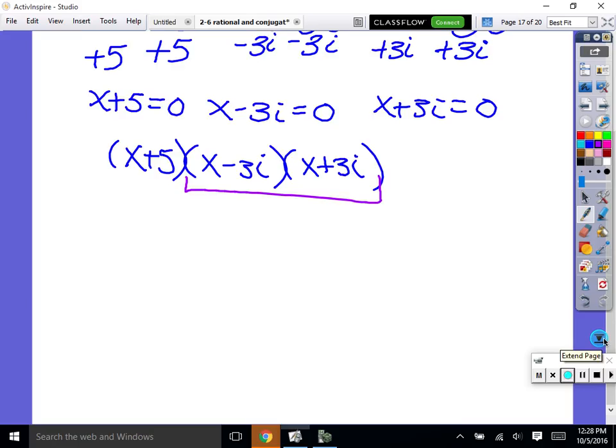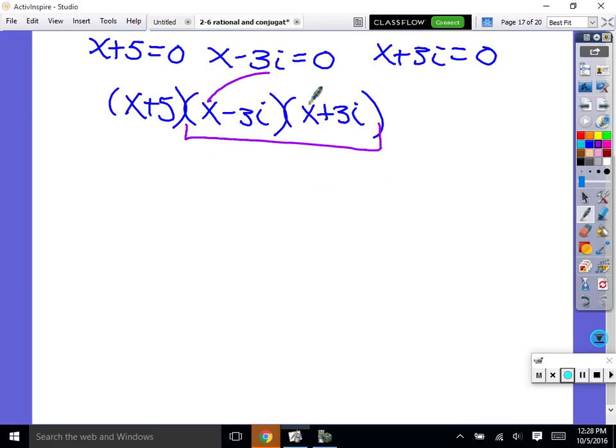Here we go. So we know that we're doing x times x, which is x squared, right? X times positive 3i is positive 3xi, correct? Then negative 3i times x is negative 3xi. Negative 3i times positive 3i, very careful.